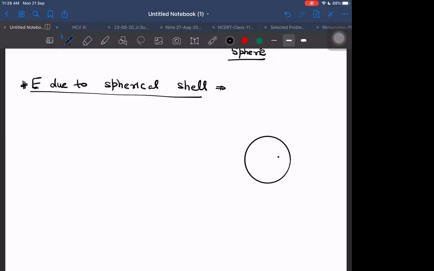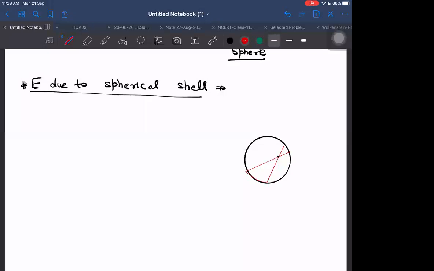If I want to find the field at a point inside, then what I will do is take an imaginary cone inside with the vertex at that point. I will take a double cone, in fact. I hope you're getting an idea of this diagram.